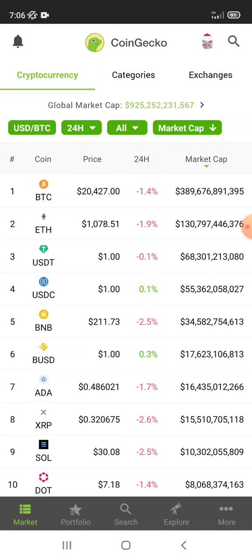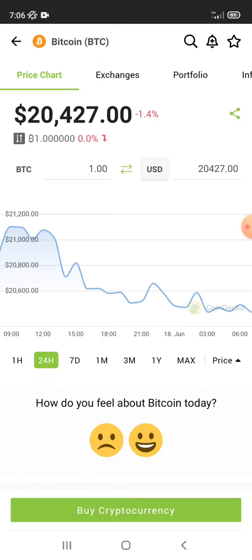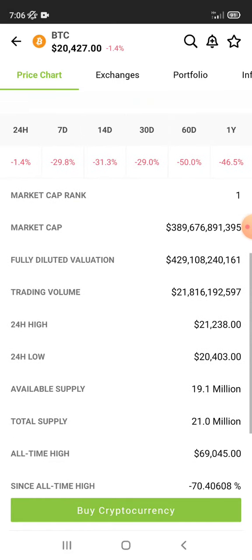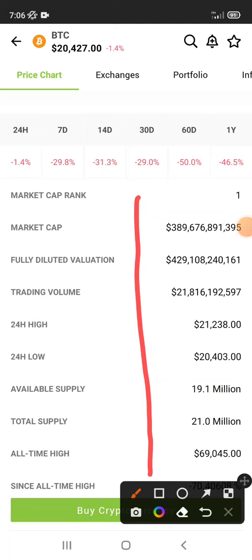So I choose Bitcoin. Next thing I have to do is to scroll down to see the price statistics for the Bitcoin. So I scroll down, and this is where it starts from, here below.